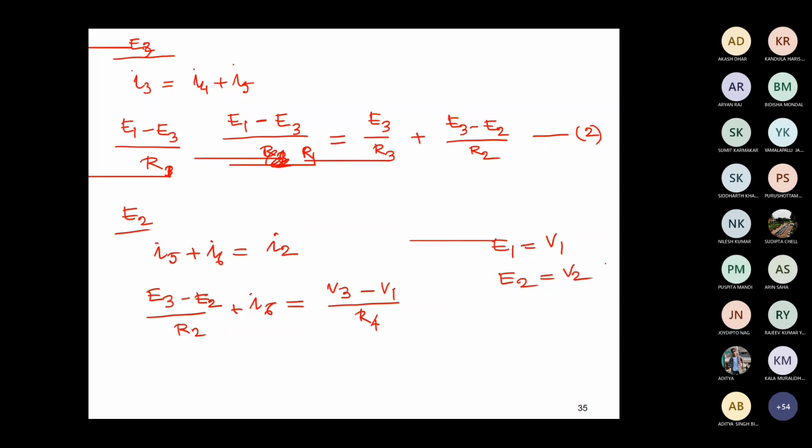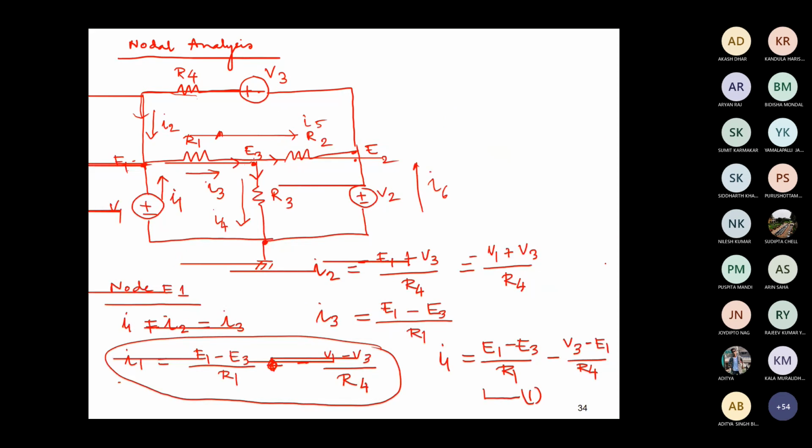And E3, sir, equal to E2 is equal to V3, right? Who was saying that? It is correct. E2 is equal to V3, and then V2 equal to V3 then. So no, there will be a difference between that, because here it is. Sir, I2 must be V2 plus V3 minus V1.